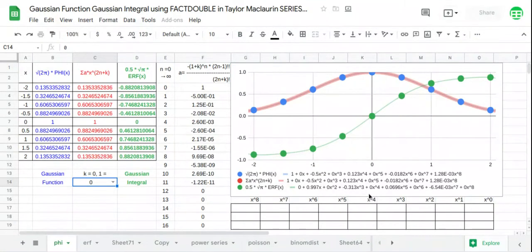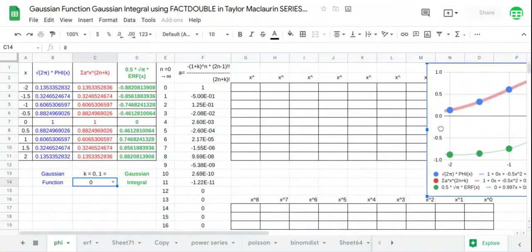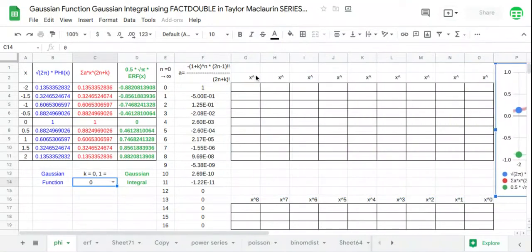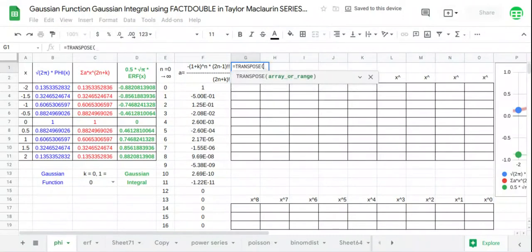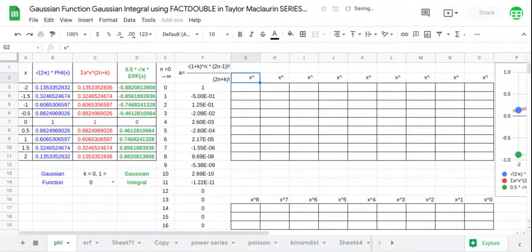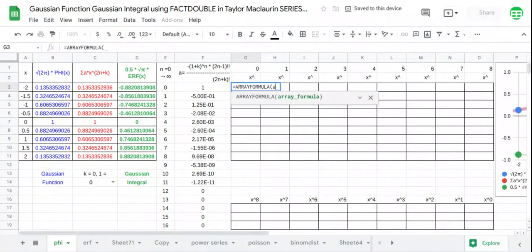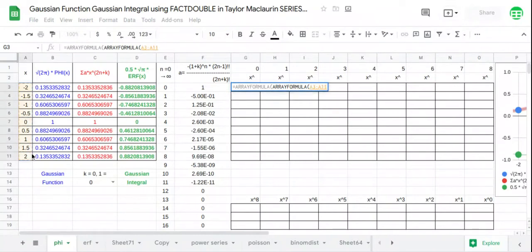We calculate the polynomial regression coefficient using Linest. To do that, we complete the Linest matrix starting with the power. This will be transpose 0 to 8. And the elements of the matrix are the formula of the x values raised to the power 0 to 8.